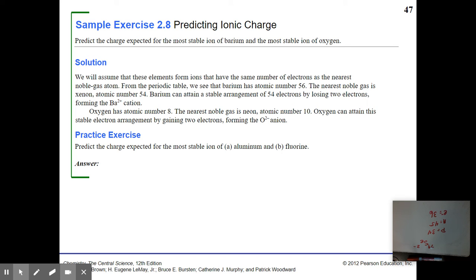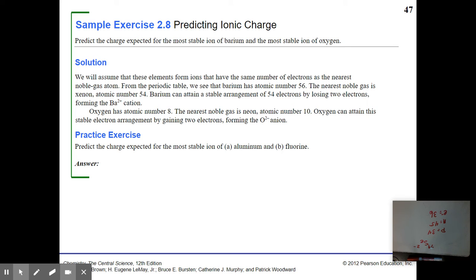What is the group number? 7. So how many valence electrons are in fluorine? 7. It's the group number.